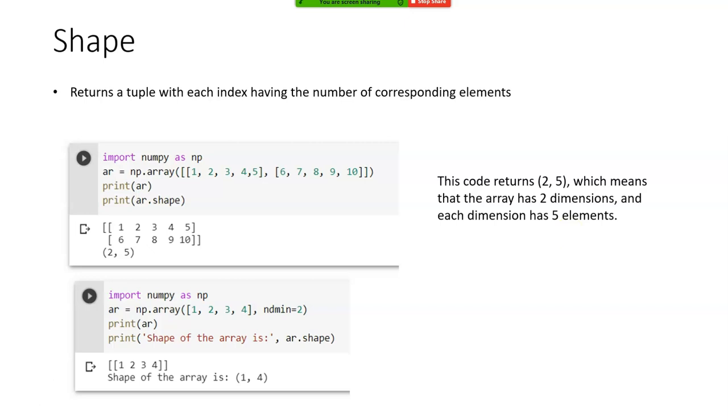Like you are having a record, student ID and name of the student. The code returns saying this is a two-dimensional array with each dimension having 5 elements.